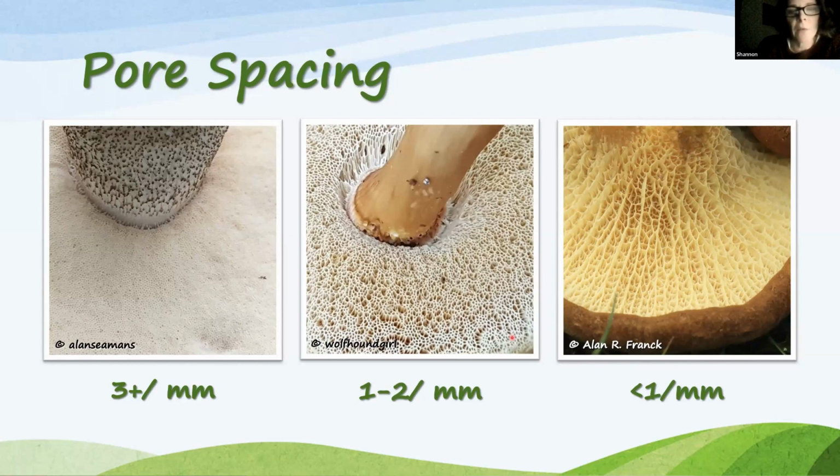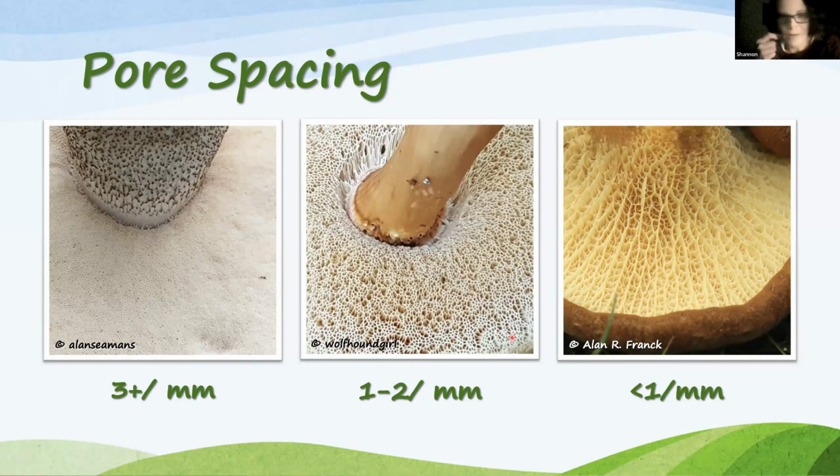So you can have your finely pored boletes that can fit 3 or more within a single millimeter, moderately pored, which 1 to 2 can fit within a millimeter, and those that are rather large pored, which would take up more space in a millimeter.